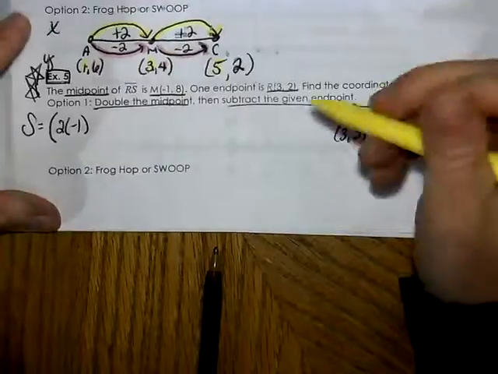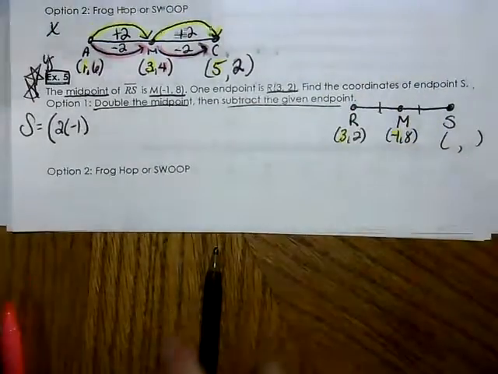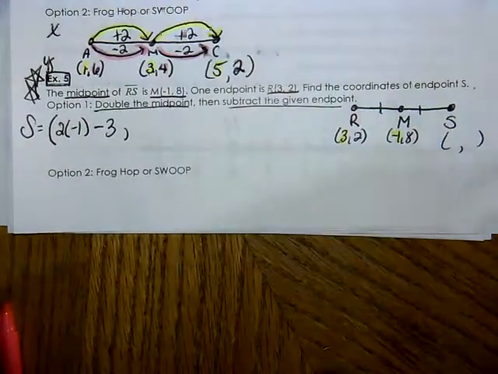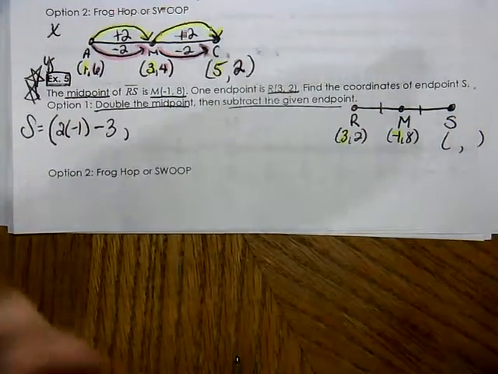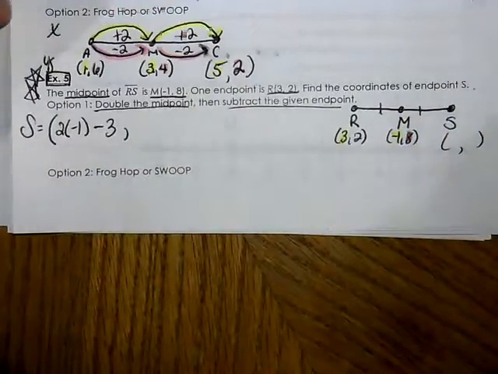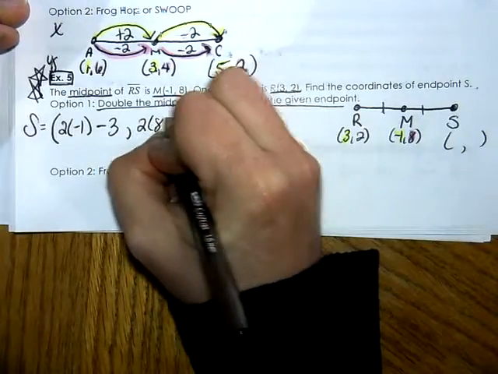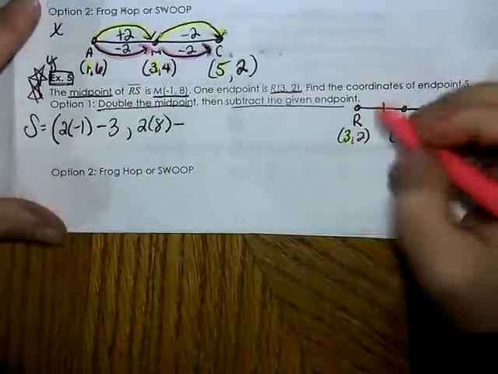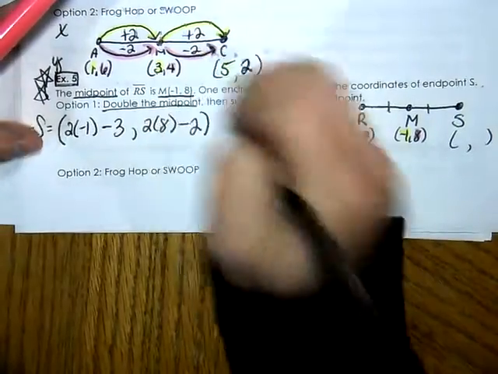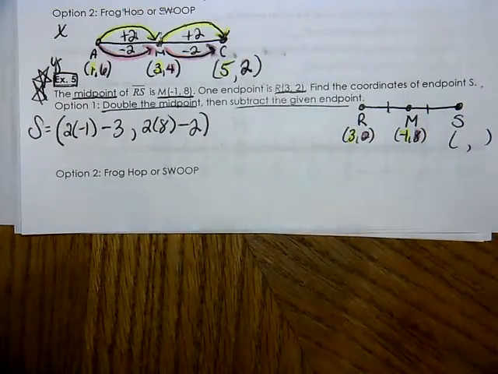And then I'm going to subtract the endpoint, and the endpoint is 3, so -3, comma. Next, I'm going to double my midpoint Y coordinate, which is 8, so 2 times 8, minus the Y coordinate, which is 2.